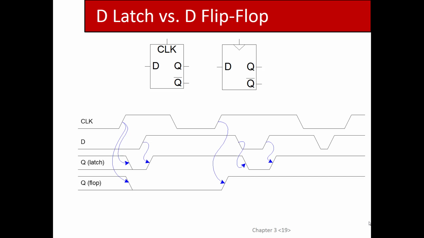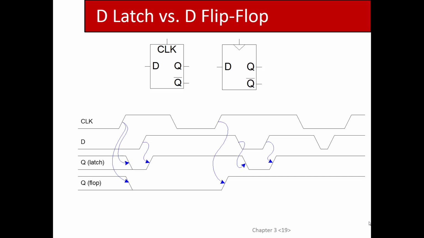And then D goes high, which doesn't do anything until the next rising edge, in which case it'll cause the Q to go high. And then D goes low, goes high. Meanwhile, Q is ignoring it because by the time you get the next rising edge, D is high again.